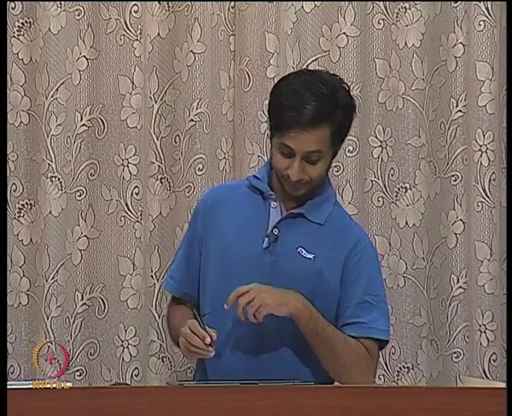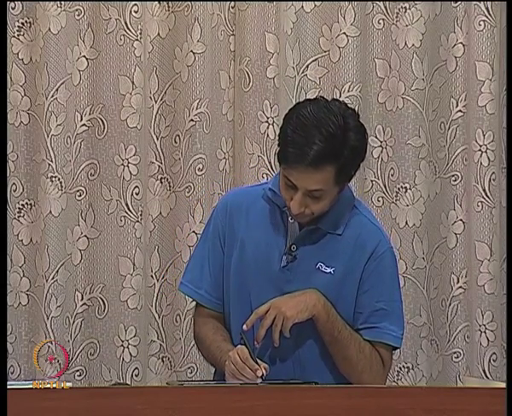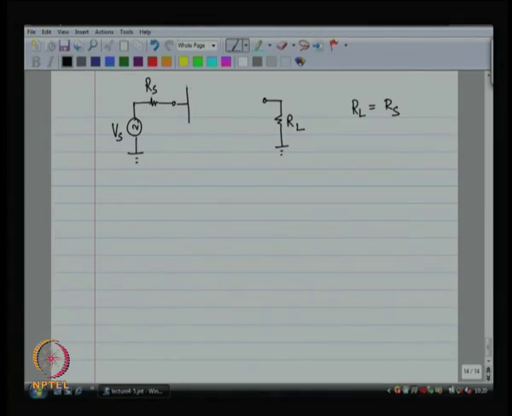Alternatively, what we could do is conceive of a network in between. This network is made purely out of lossless elements. What do you mean by lossless elements?